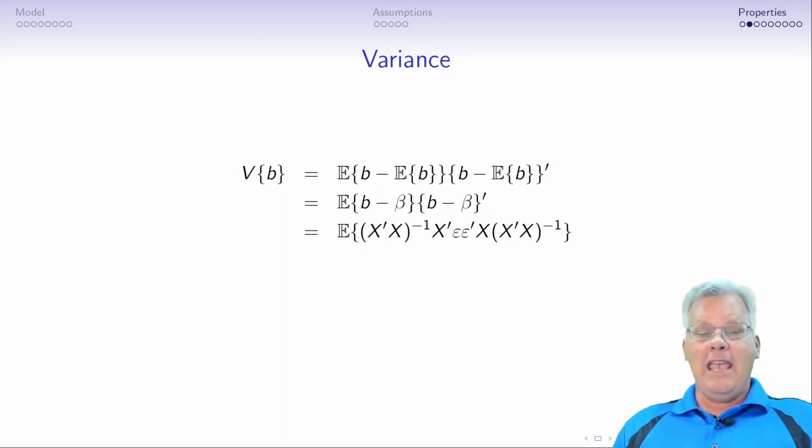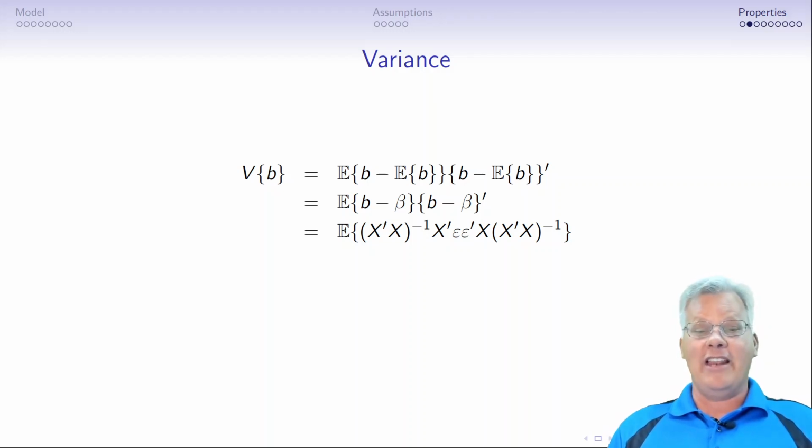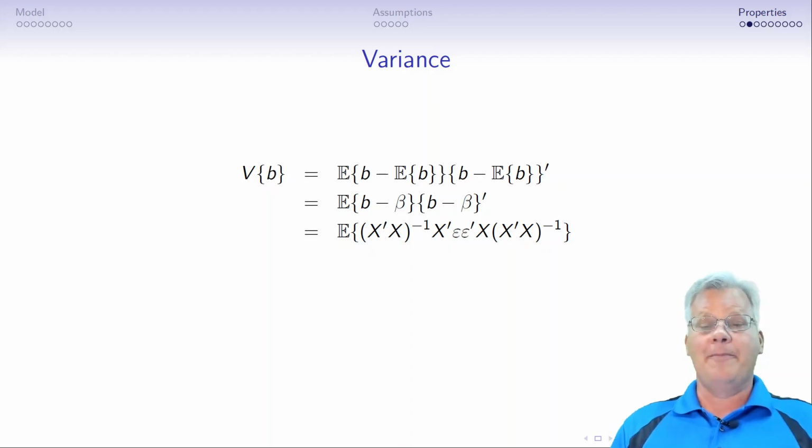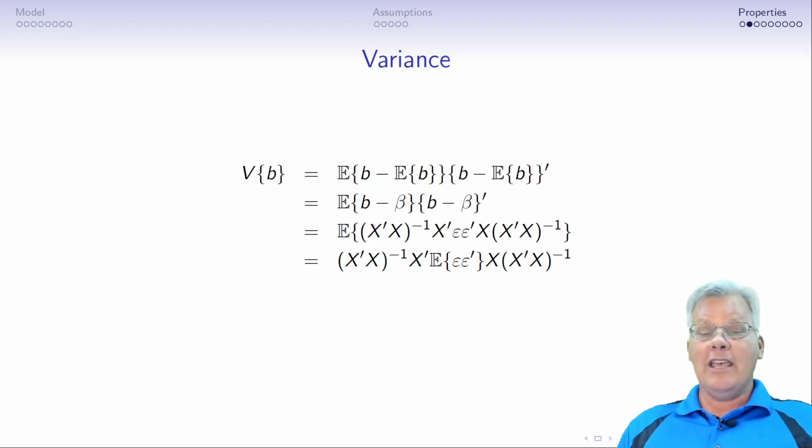B minus beta is equal to basically the junk term that we derived from the previous slide. And that was equal to x prime x inverse x prime epsilon. So I can substitute that into this definition and I get this expression. Now again, because the x's are assumed to be non-stochastic in repeated sampling, the x's can be moved outside the expectation operator.